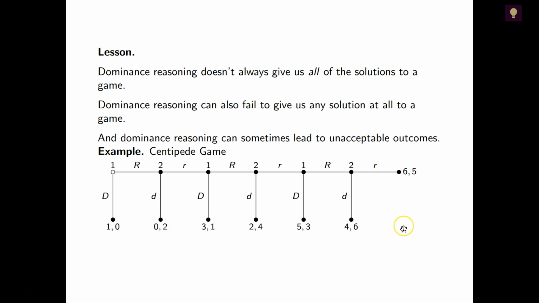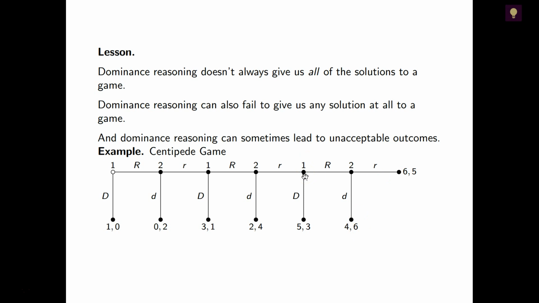And we can see this if we do some backward reasoning about this game. At this very last move that 2 has, we can assume that 2 is going to take down because they get a better outcome. They get 1 more util than if they move to the right. They get 6 instead of 5.